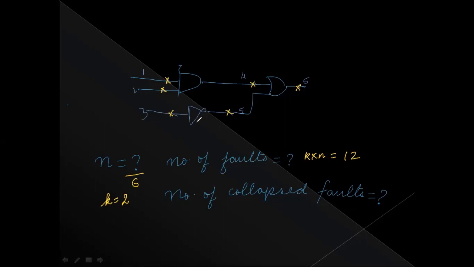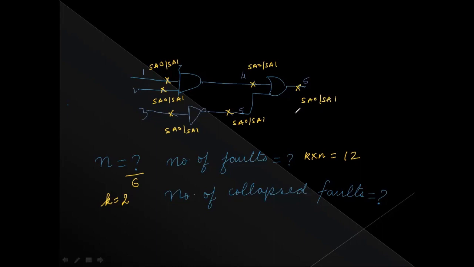Now, the number of collapsed faults, let's see how we do it. I can list out all the faults. So these are all the possible 12 faults.